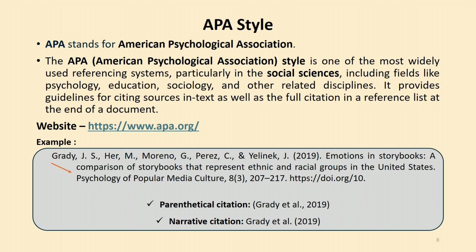And then after, Psychology of Popular Media Culture, the name of the journal where it has been published. And then after, you can see the volume 83, page numbers 207-217, and then at the last the DOI of the article.